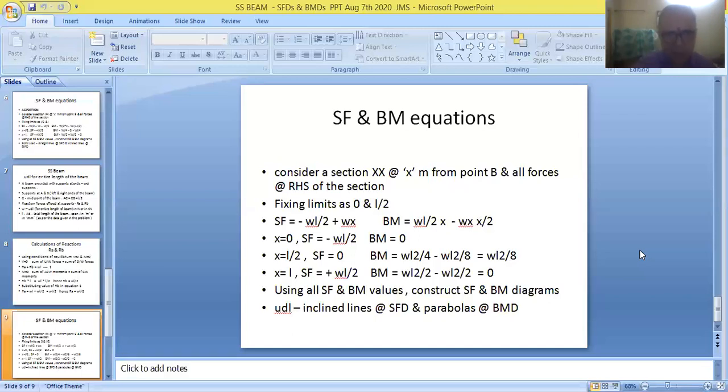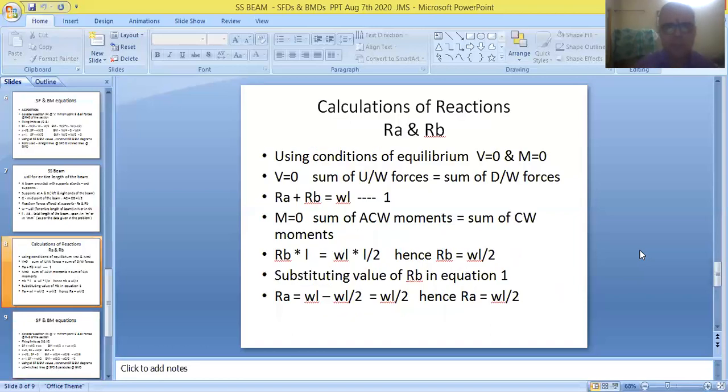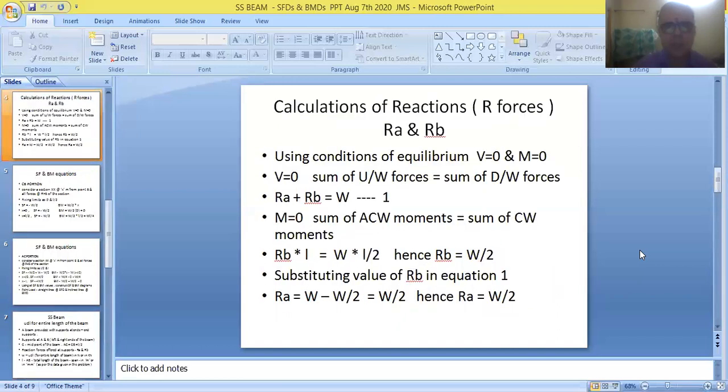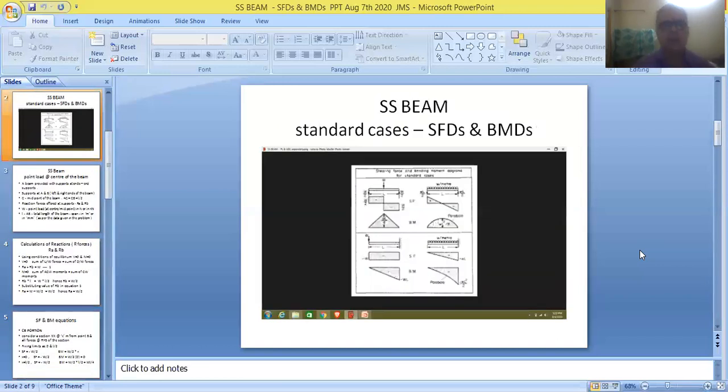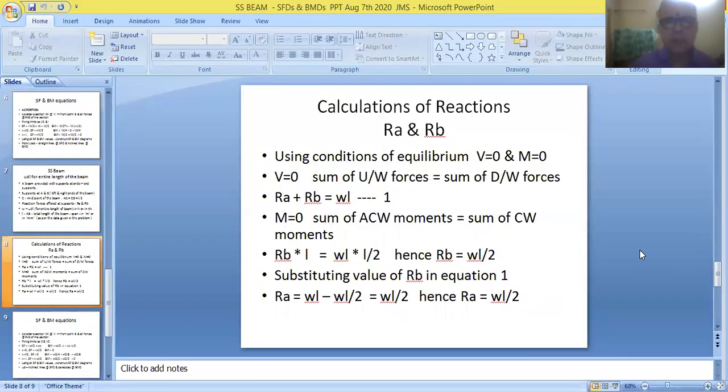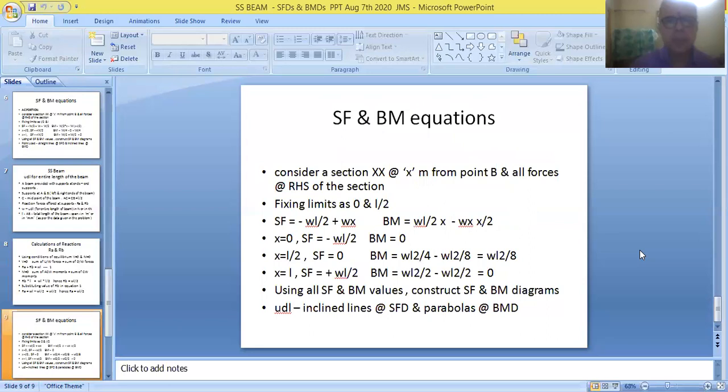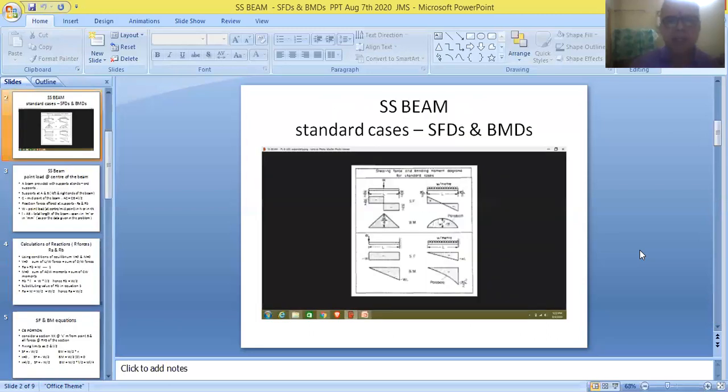Let us observe all these values in the diagram as given in the first slide. So we are going back to that figure. So here it is, so you can take those values of SF and bending moment. The first value is obtained as minus WL by 2.